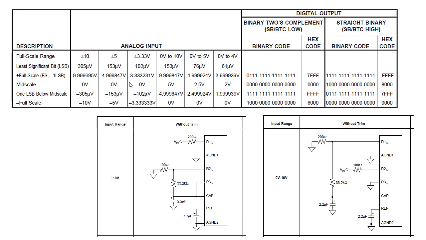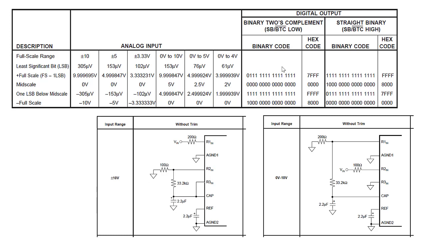That's what we would want. Then 0 volts would be all zeros. And as you get very close to plus 10 volts, you would have 7FFF. So that would be the range of minus 10 to almost plus 10. Each least significant bit would be 305 microvolts to give us that range. So that's how bipolar would work.